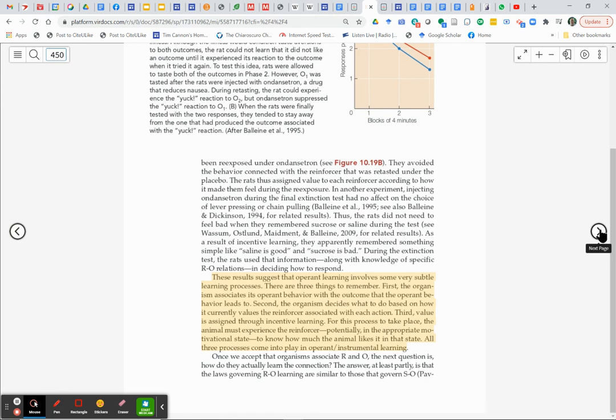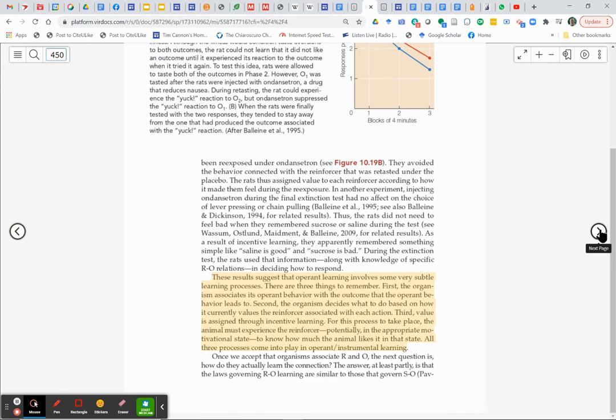These results suggest that operant learning involves some very subtle learning processes. There are three things to remember. First, the organism associates the operant behavior with the outcome, so response outcome. Second, the organism decides what to do based on how it currently values the reinforcer associated with the action.